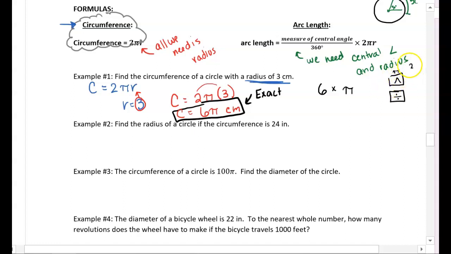So if you hit second and then this button, it should put pi in your calculator. If you put 6 times pi in your calculator, you'll get roughly 18.8, and that would be in centimeters. So if Big Ideas wants it rounded, this is what you would get.